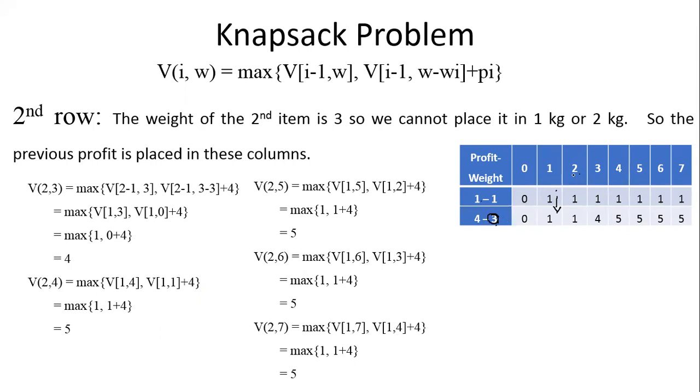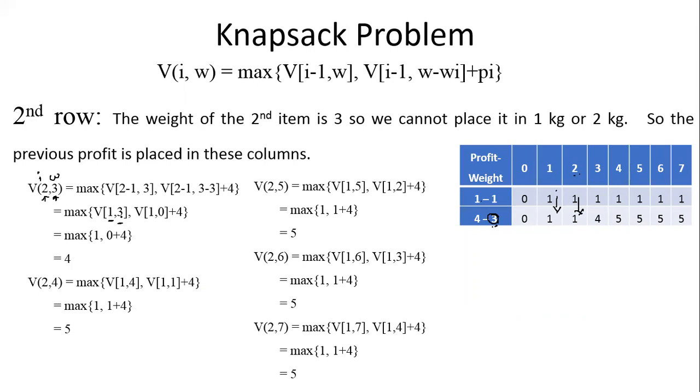So here also capacity 2, we are not able to place the weight 3 item. That's why the corresponding profit comes down from above. Same way here capacity 3. So whenever the item weight 3 is less than or equal to the capacity, then we will apply this formula. So here maximum of V of, so here this is I, this is W. So I minus 1 means 2 minus 1, that is 1, and W is 3.